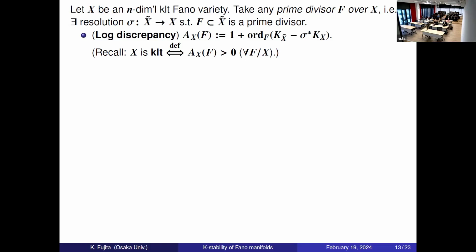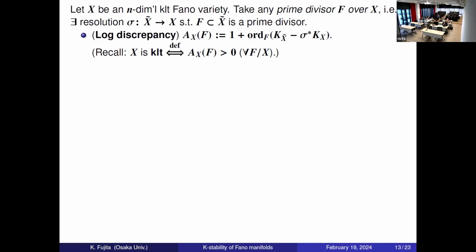The first one is very common for birational geometers, known as the log discrepancy. That is, A_X(F) is defined to be 1 plus the coefficient of the relative canonical divisor. It's very common because, for example, the definition of KLT is nothing but that for every prime divisor F over X, the log discrepancy is bigger than 0.